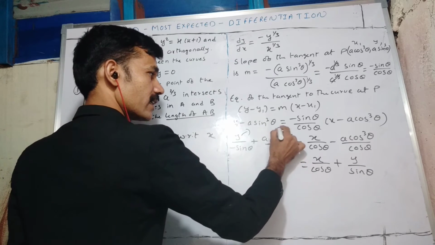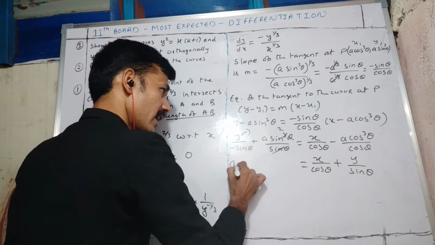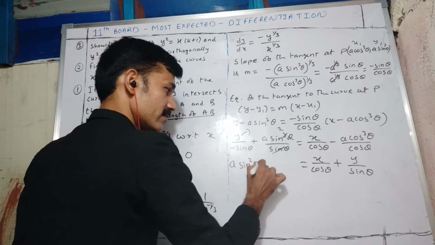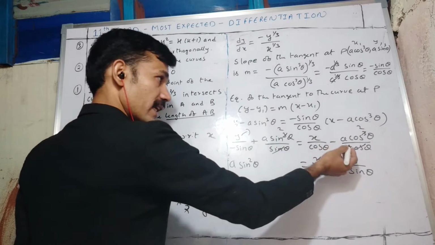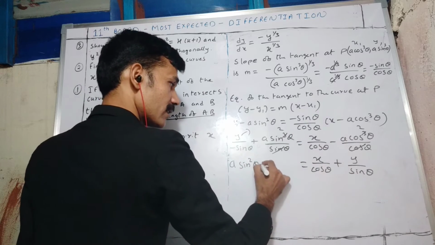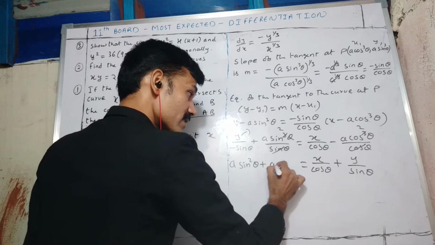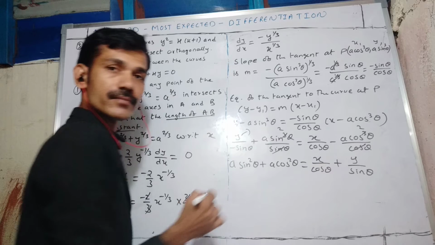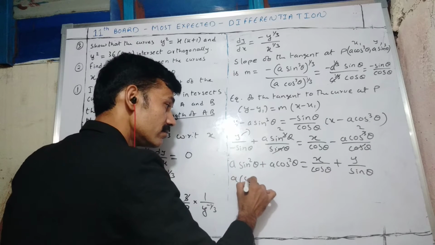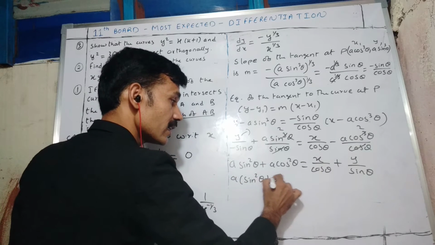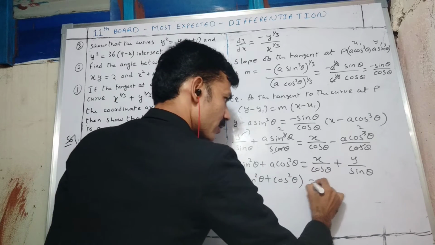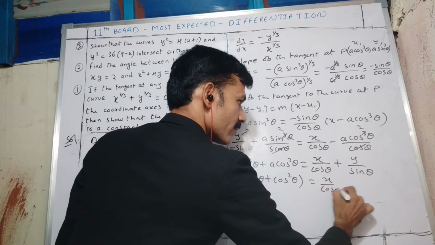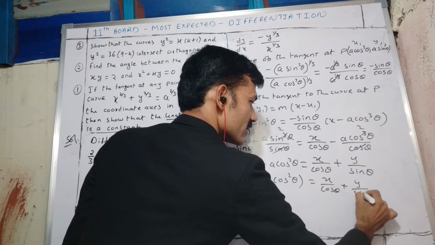Here one sin theta we can cancel, so here we have a sin^2 theta. There one cos theta you can cancel, so minus is there, transpose to this side, then plus a cos^2 theta. We can take a common: a(sin^2 theta + cos^2 theta) equals x/cos theta + y/sin theta.